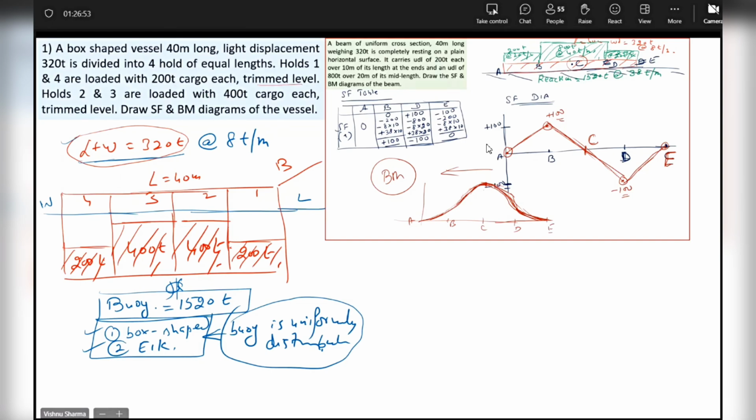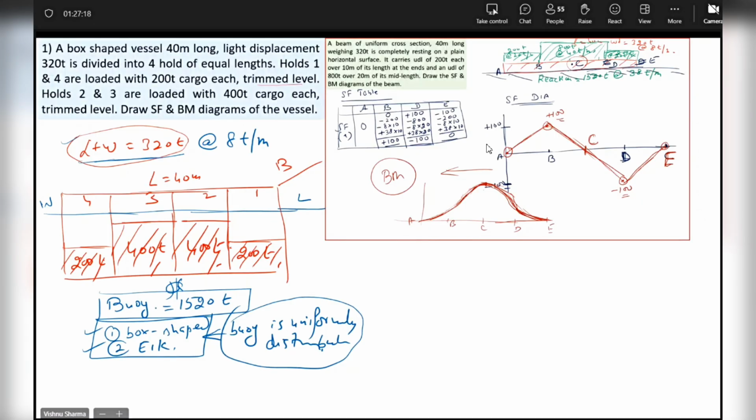Okay. Then the cargo in number 1 and number 4 hold, don't you think it is like a UDL of 200 tons on 10 meters each on the beam? Yes or no? And the cargo in number 2 and 3 hold is like 400 tons of UDL, total 800 tons over that length.